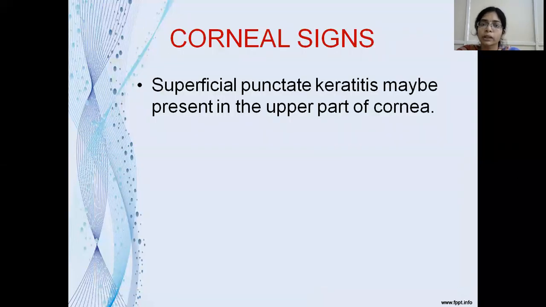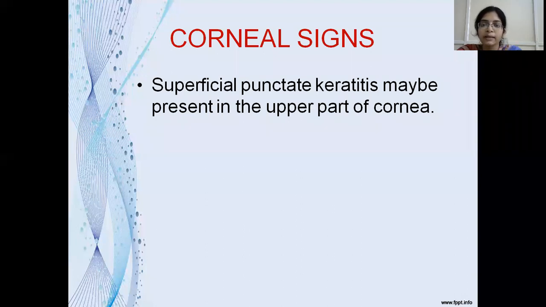Now, what are the corneal signs? See, again, as I said, the conjunctiva and the cornea are in anatomical continuity. So when the upper tarsal conjunctiva is affected, it is possible that even the cornea can be affected, and so there can be superficial keratitis present in the upper part of the cornea.